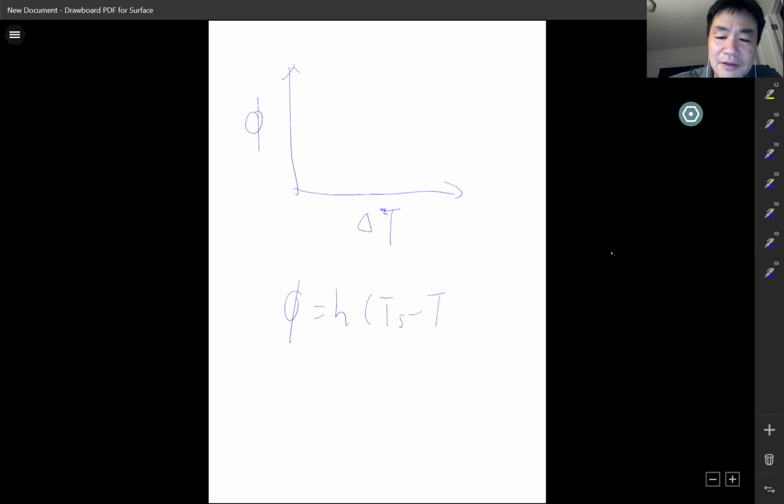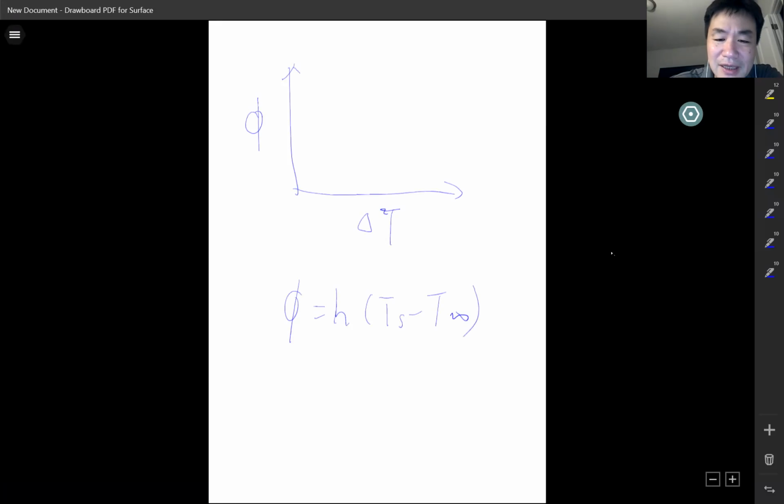I want you to produce a plot like this. This is ΔT, and this is heat flux. So heat flux is h times T surface minus T infinity, or T ambient, Ta, right? Basically that's the relationship.